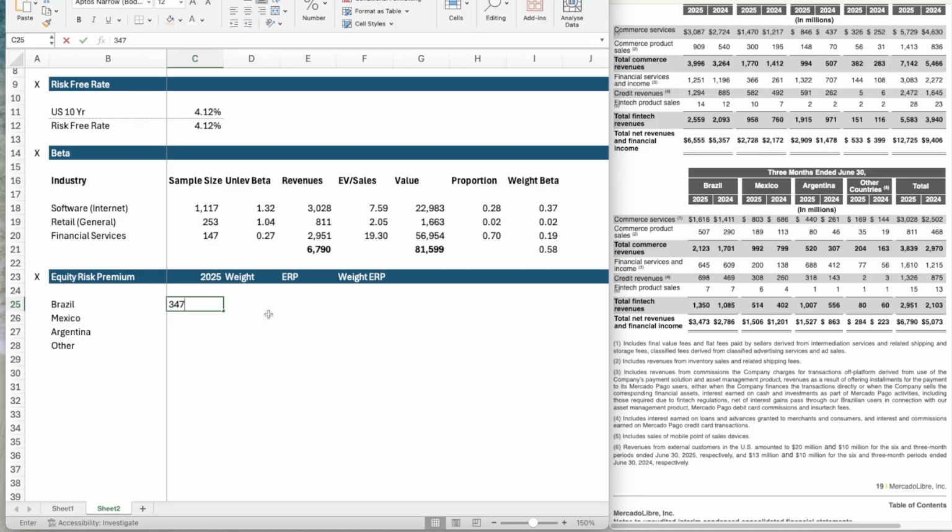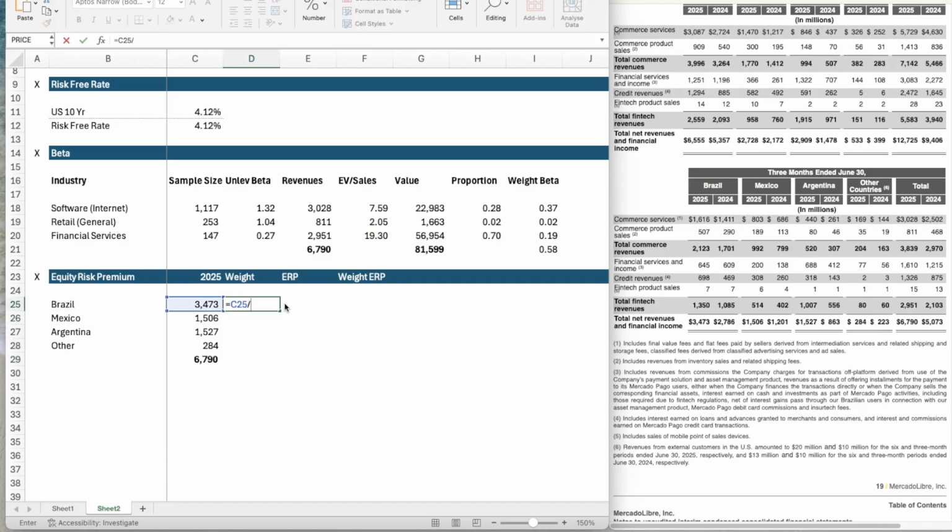So 3473. And Mexico is 1506. Argentina 1527. Then 284 for other. So let's sum all of those up. 6790.